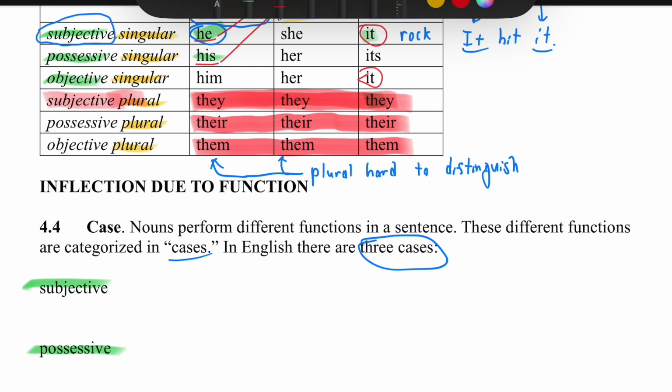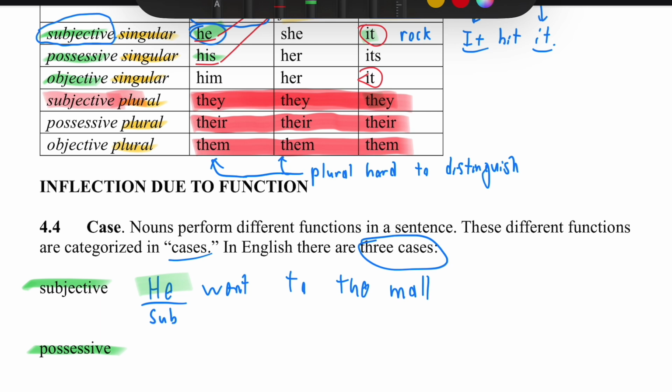The subjective case is the subject of the sentence. He went to the mall, where he would be the subject of this sentence.